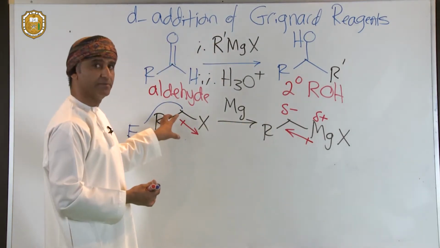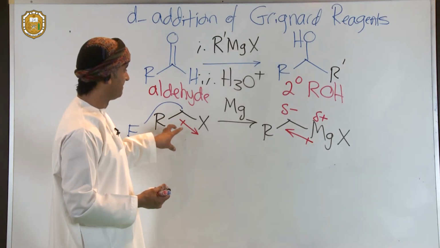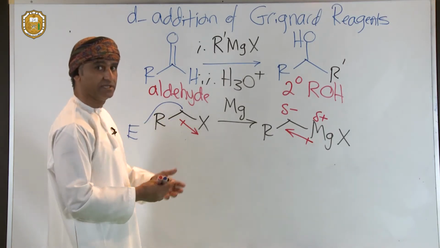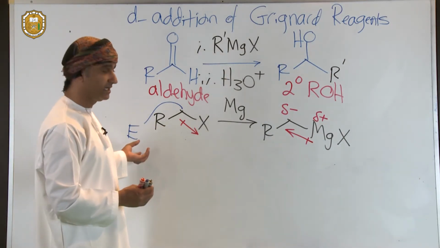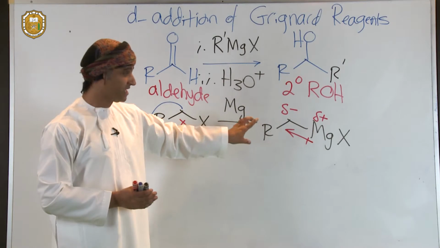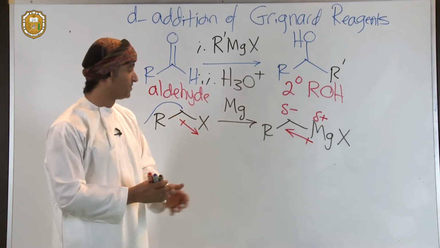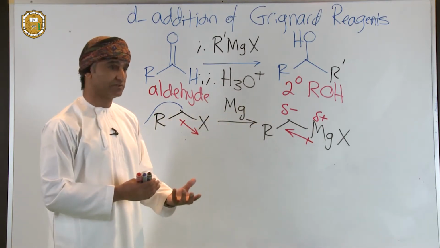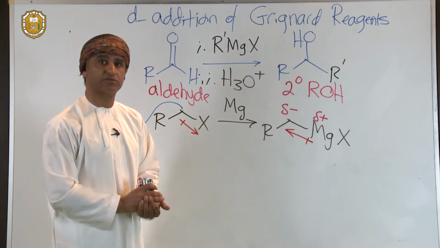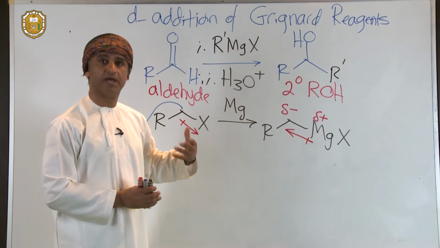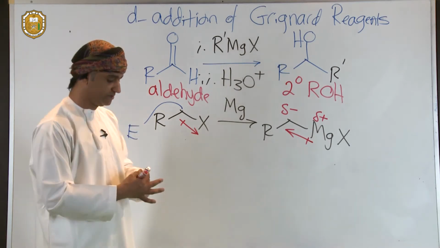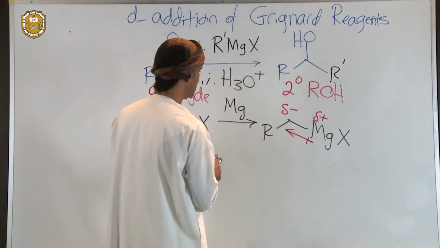The carbon here, because of the higher electronegativity of X relative to that of carbon, is electrophilic. But because of this different shift of electrons, since carbon is more electronegative than magnesium, carbon now will behave as a nucleophile. So carbon in this case is actually nucleophilic.